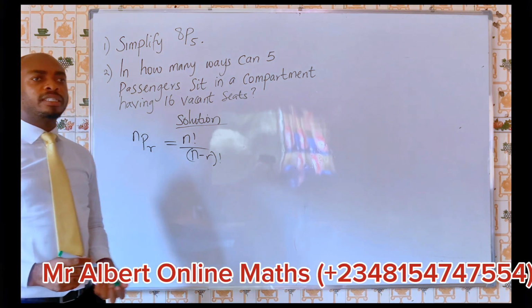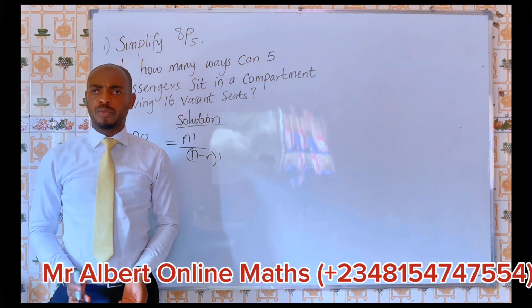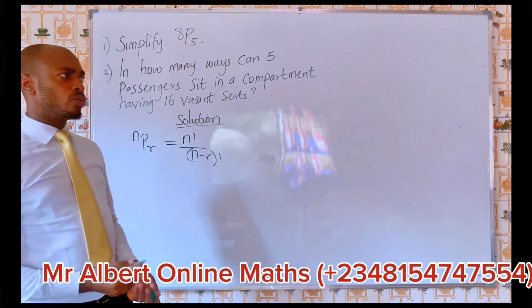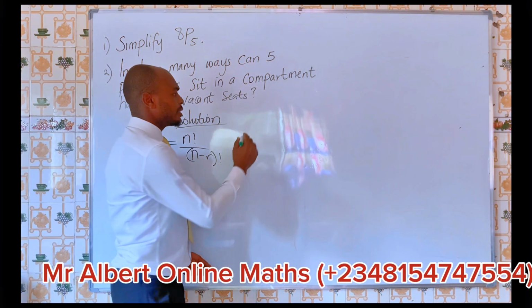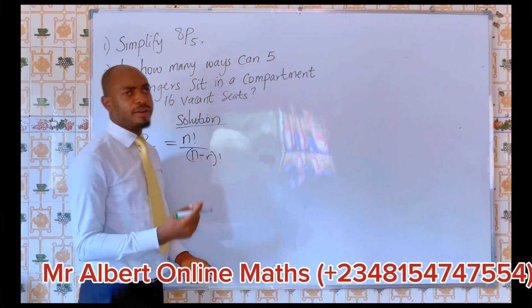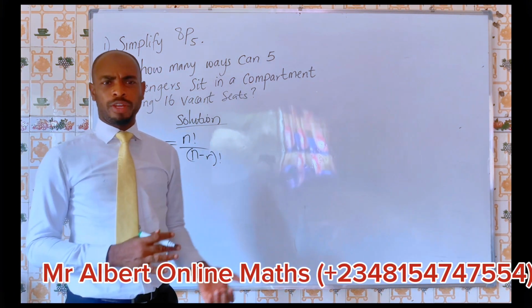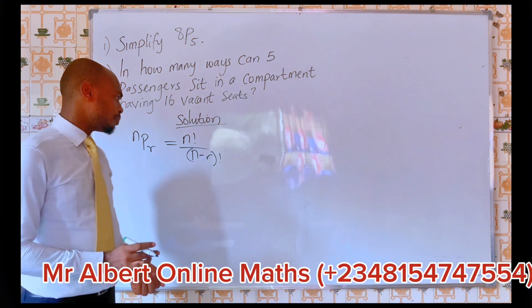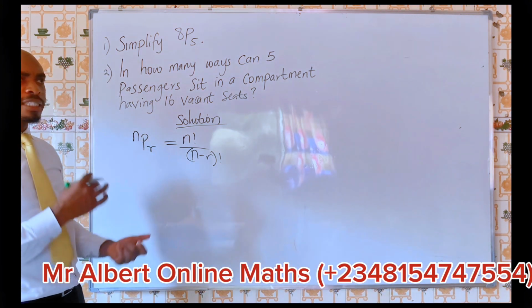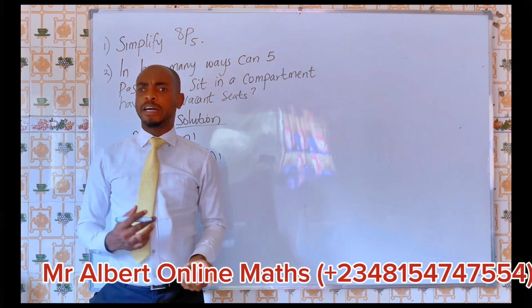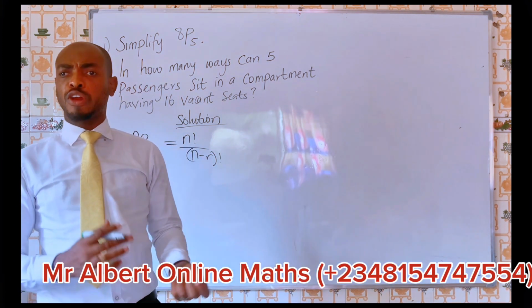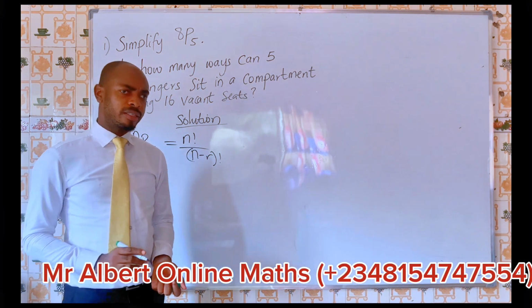N factorial means n times n minus 1 times n minus 2 times n minus 3 times n minus 4 times n minus 5 and so on, up to a point where you have 3 times 2 times 1. In a simpler way, you can say factorial is the number of ways of arranging things.